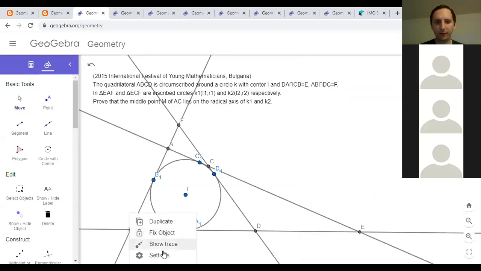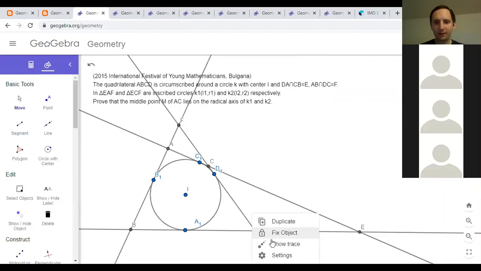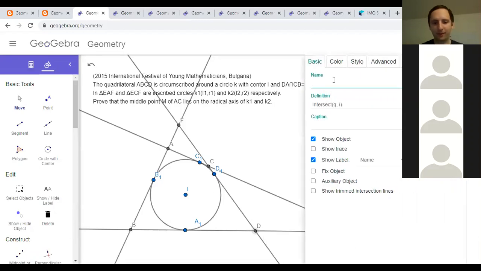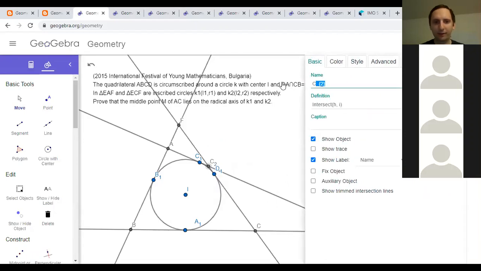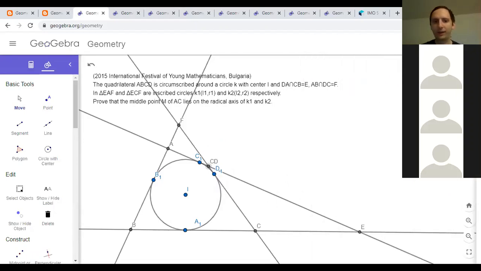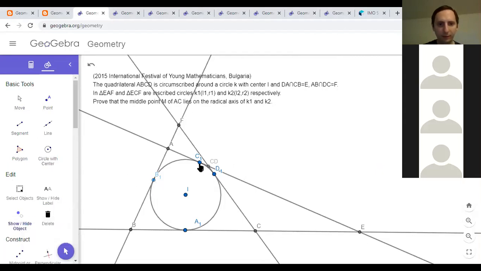What if I did this? A, B, C, and D. Let's try this. So we still have BA intersecting BC at E and AB intersecting CD at F. Let me hide these tangency points for now, just to make the diagram look nicer.